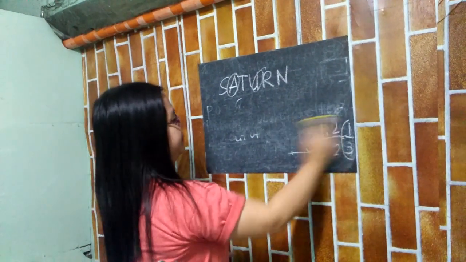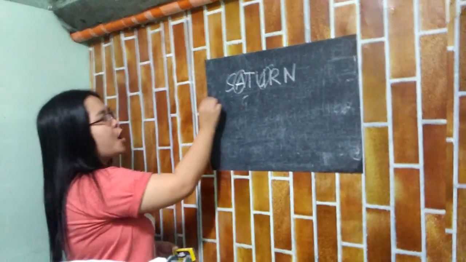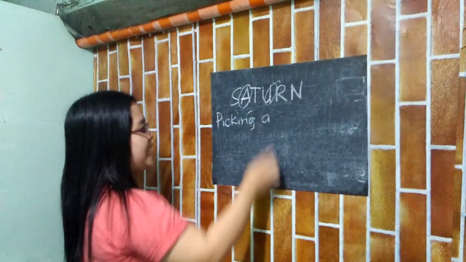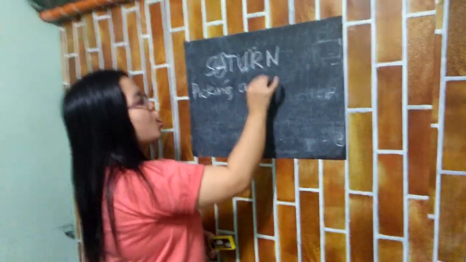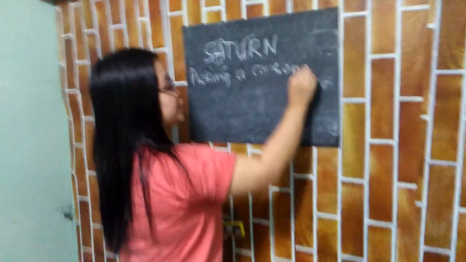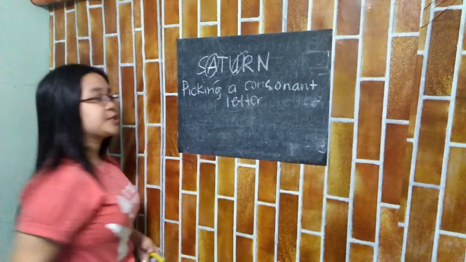Another example. So let's have our Saturn again. This time, what is the probability of picking a consonant letter in the word Saturn?